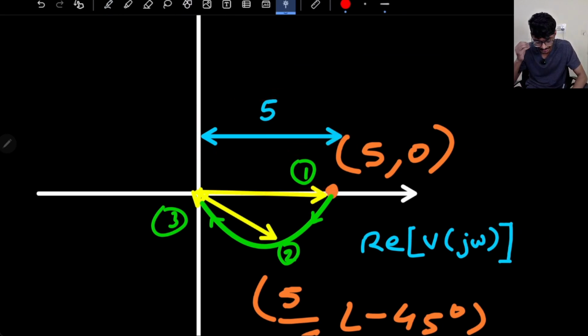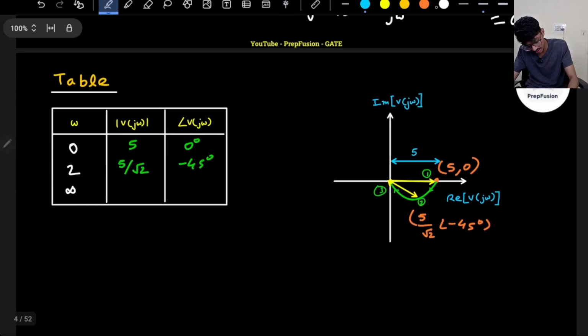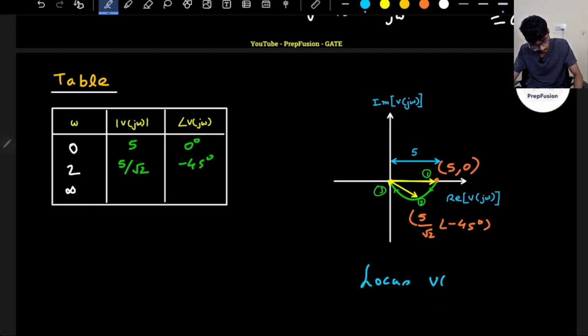The radius of the semicircle is 2.5. So this is the locus of V of j omega with respect to omega. That's basically it. So that's how you plot the locus diagram.